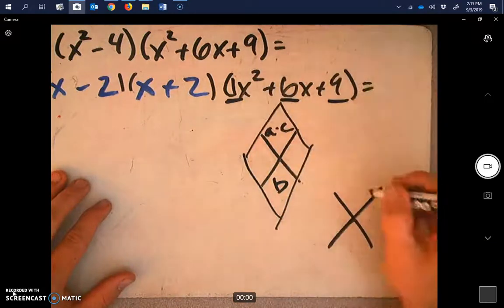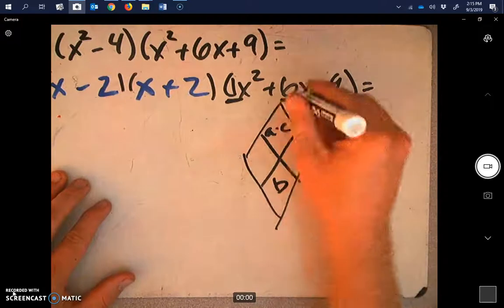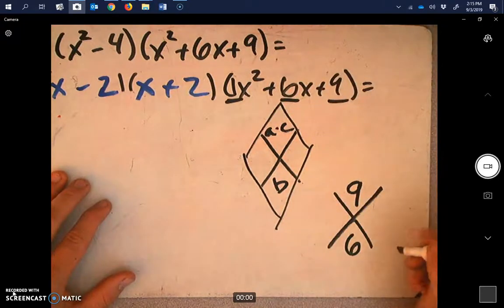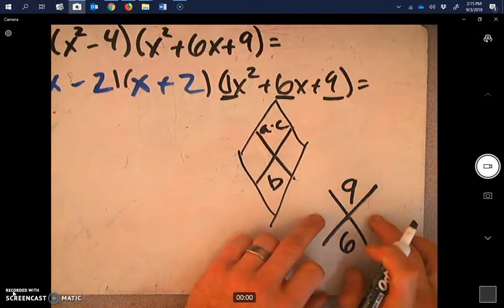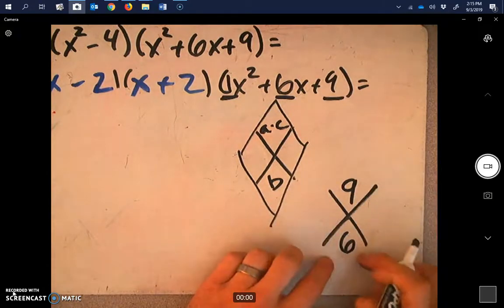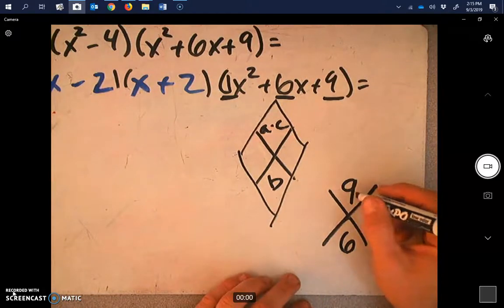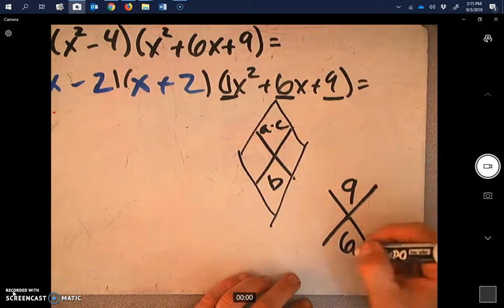So 1 times 9 is 9. Our bottom, B, is just 6. It's always going to be that middle number. It becomes 6. Now what you're trying to do here is find what numbers multiply to get 9 and add to get 6. Well, 9 times 1 gives us 9, but that adds to 10. 3 times 3 gives us 9 and adds to 6.